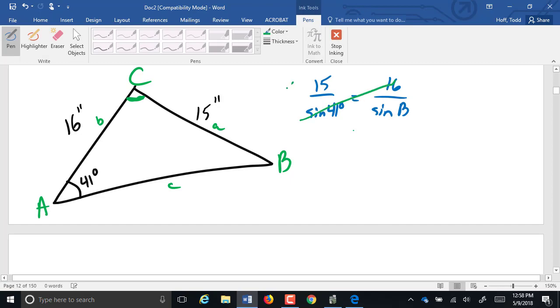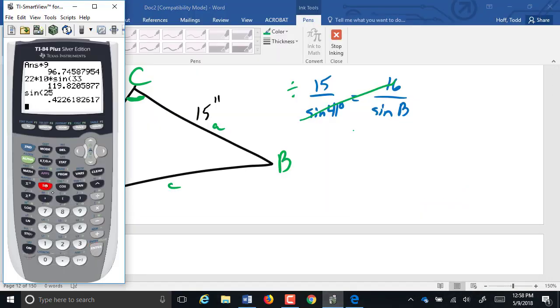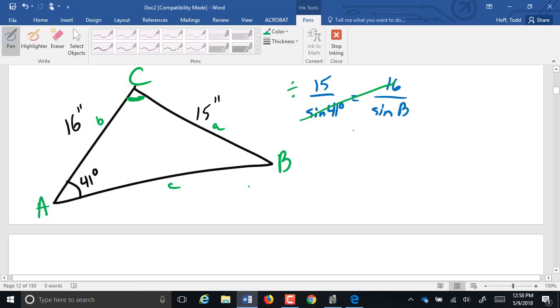So I'm going to cross multiply and divide here. Sine of 41 times 16 divided by 50. And then I'm going to do inverse sine. 44.41 degrees. Which makes this one up here 94.59 degrees. Very good.